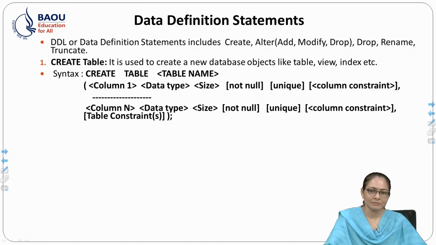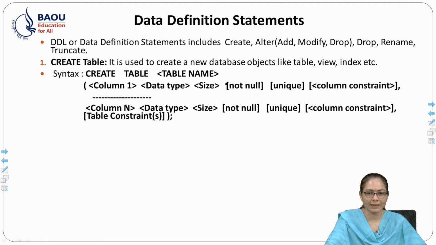First one is create table, table name, and in the round bracket, column 1 and its data type, and specify the size in the round bracket. Then not null, unique and column constraints.